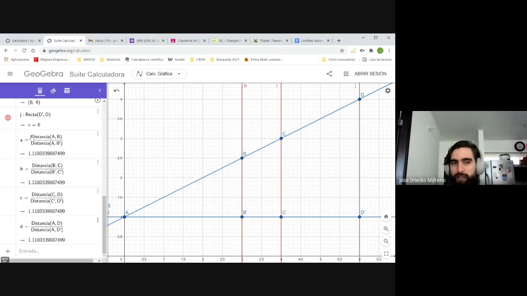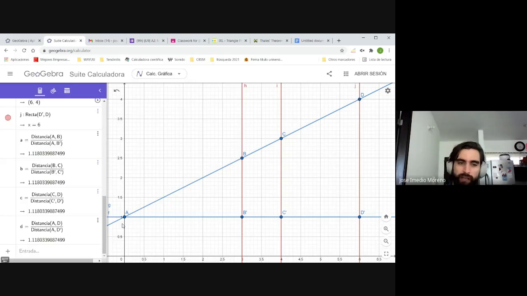The distance AB, the distance AB prime, the length of this segment divided by the length of this segment is 1.12. BC divided by B prime C prime is also 1.12. CD divided by C prime D prime is also 1.12.